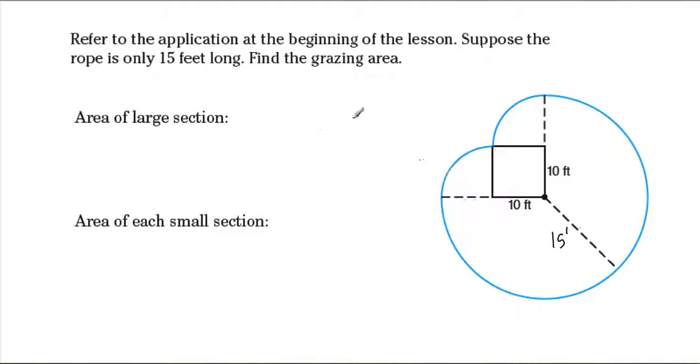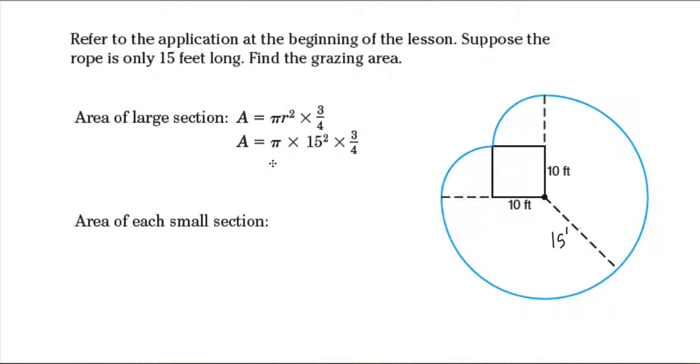So we want to find the area of the large section, and again we use pi r squared times 3/4. But instead of a radius of 20 feet, we have a radius of 15 feet. So we have area equals pi times 15 squared times 3/4 of our circle.